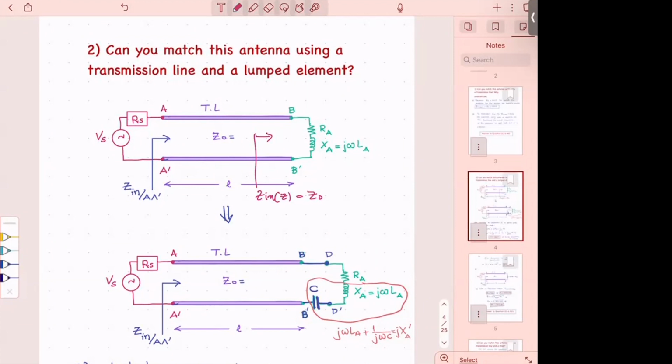Your reflection coefficient right there is going to be 0, which means that any other point after that is going to also be matched. You can put a kilometer of a line here. And I'm exaggerating, obviously. You can put as much line as you want after that, and it's still going to be matched.